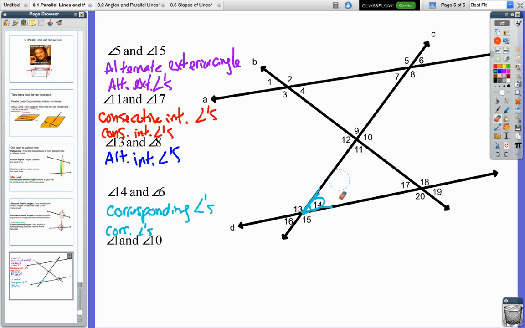Last one right here. Kind of try this out. Last one says, we're looking at angle 1 right here, and angle 10. They're both made up of B, that's our transversal. This one is made of B and A, this one's B and C right here.